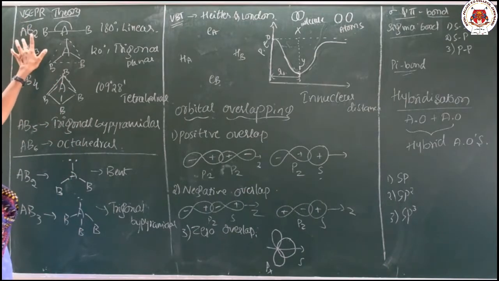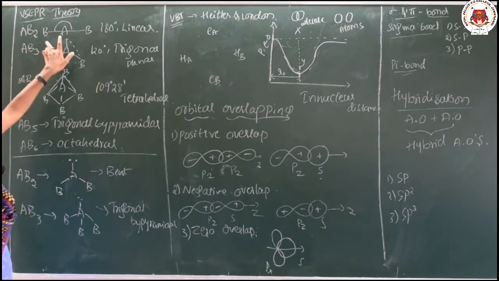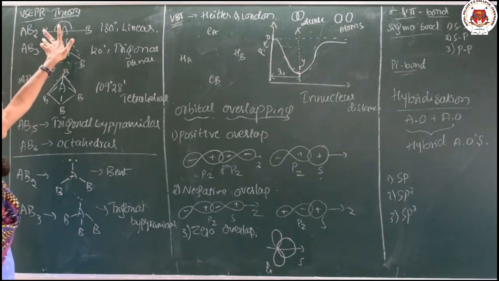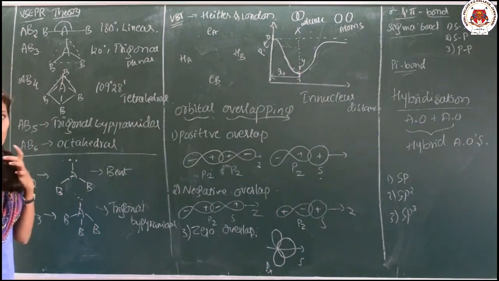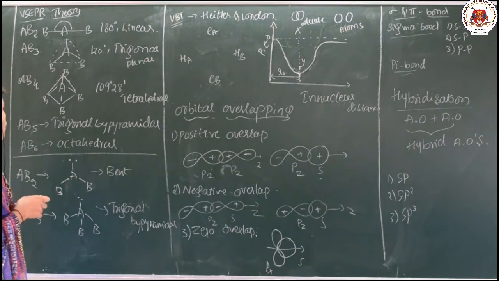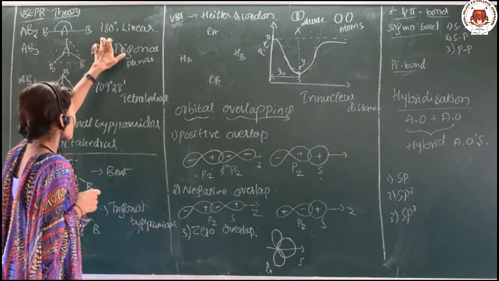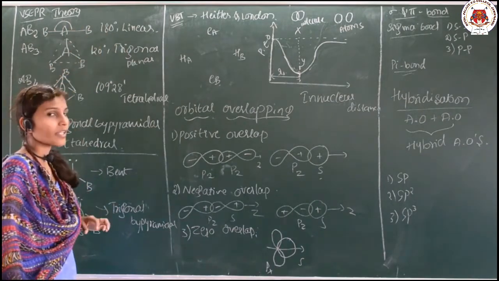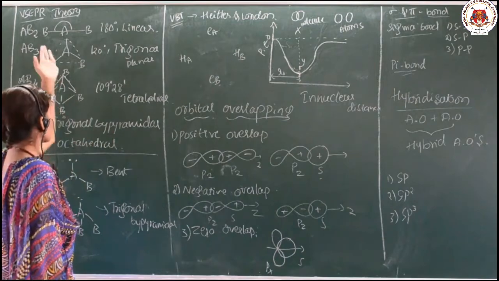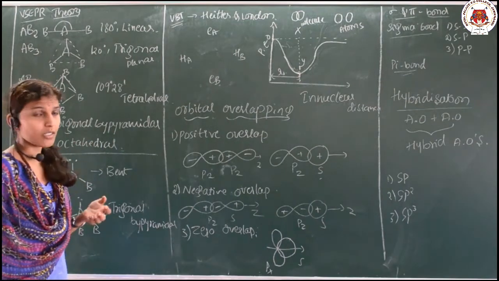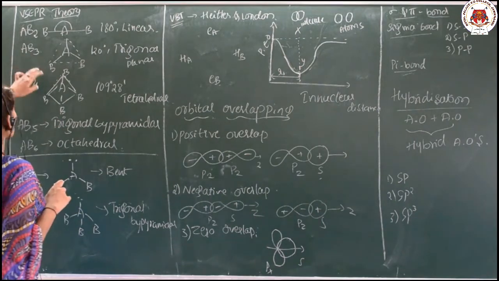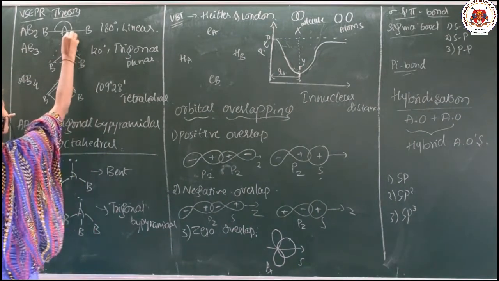Suppose the molecule is of AB2 type: this is the central atom and the two B atoms are attached to it. Here the bond angle is 180 degrees and it is linear in shape. For example, you can take CO2.